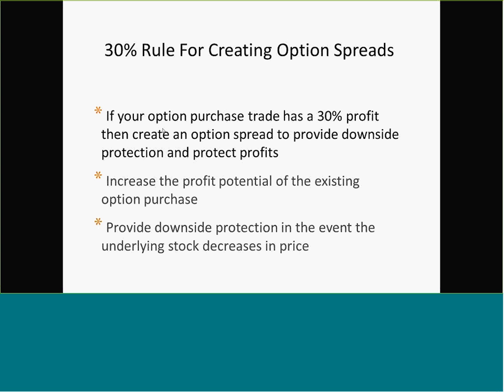And also, with the debit spreads, when you sell to open that call option, it increases the profit potential of the existing option purchase. And I'll show you an example of that. And then by selling the call, you also provide downside protection in the event that the underlying stock decreases in price.